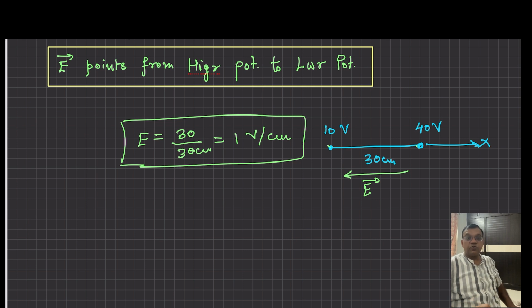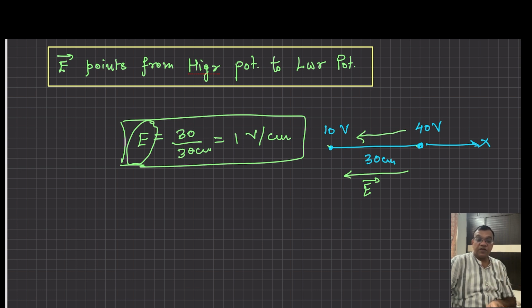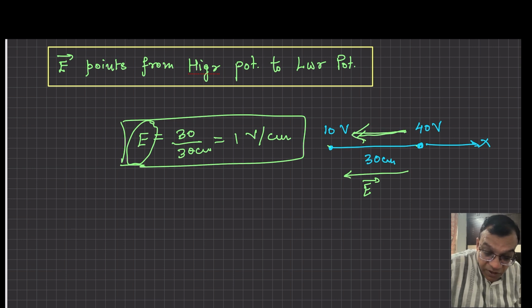But here you have to remember a very important point. Here we have used E equal to minus dV by dr only along one direction. So this is giving us the component of electric field along this x-axis only.